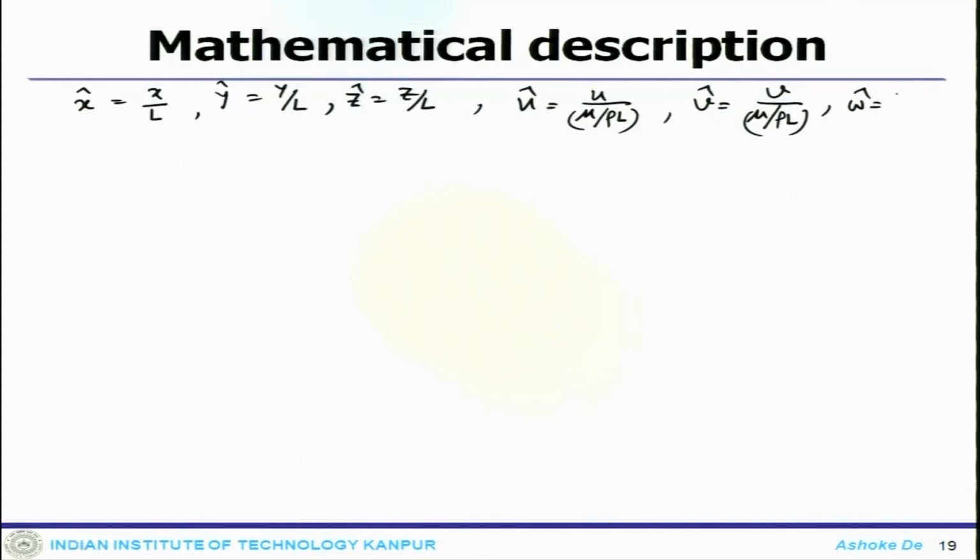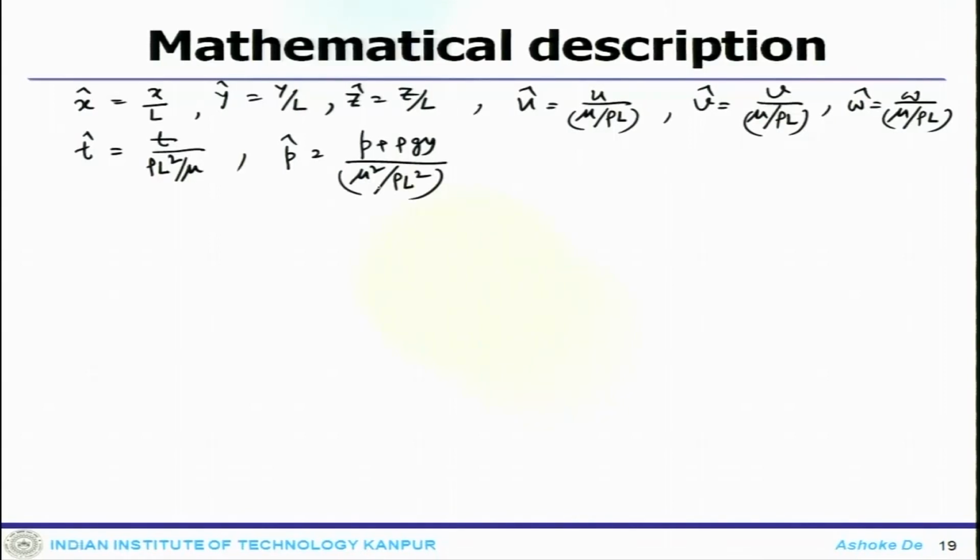Then w is w by (mu by rho L). Then your time t is t divided by (rho L square by mu), pressure is (P plus rho g y) divided by (mu square by rho L square), and temperature is (T minus T infinity) divided by (T max minus T infinity). Okay.